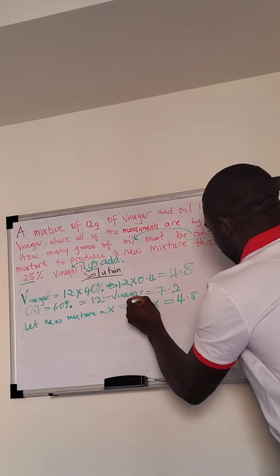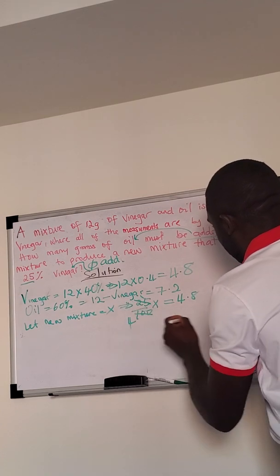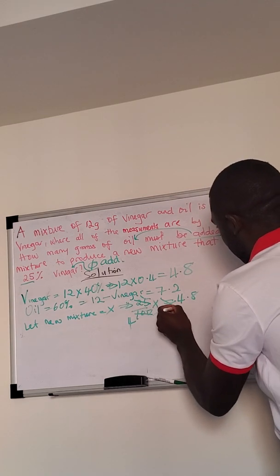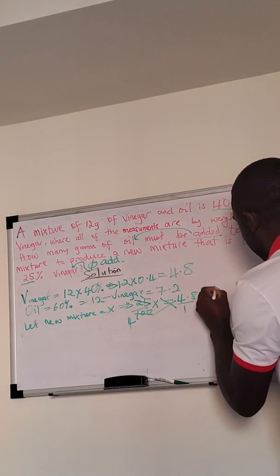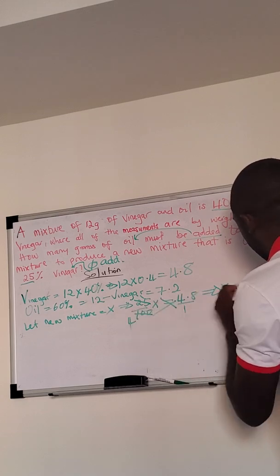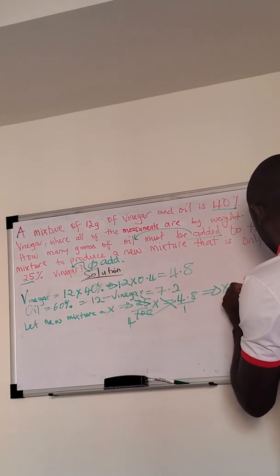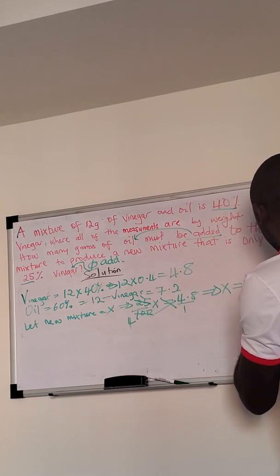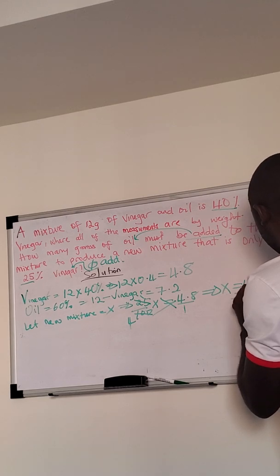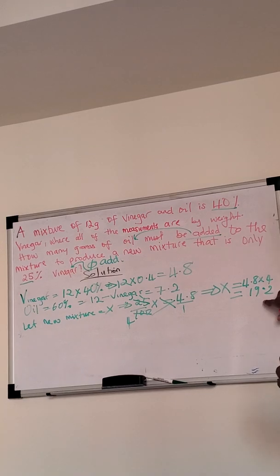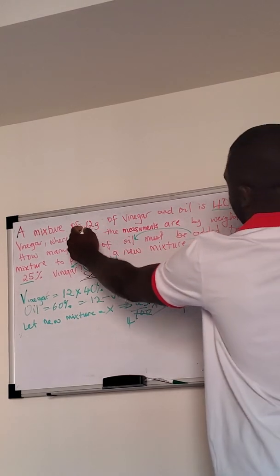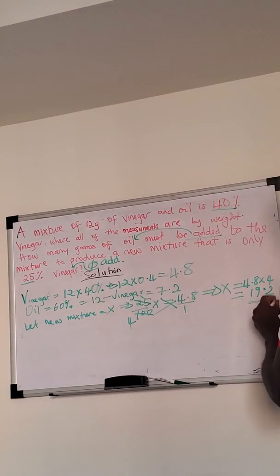If we cross multiply, assuming there's a 1 over there, this implies that x is equal to 4.8 times 4, which is equal to 19.2. So we have the new total mixture. Like we had 12 here, this time it's going to be 19.2.